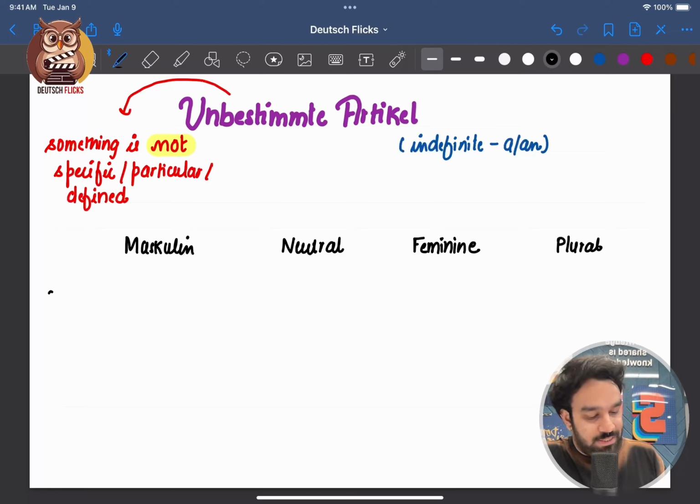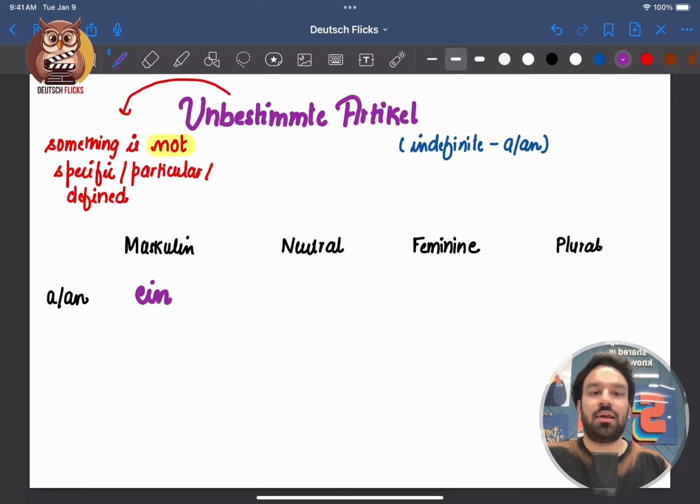Now we are seeing how we say a or an in German. For masculine, it is called ein. Ein. For neutral, it is again ein. For feminine, it is eine.